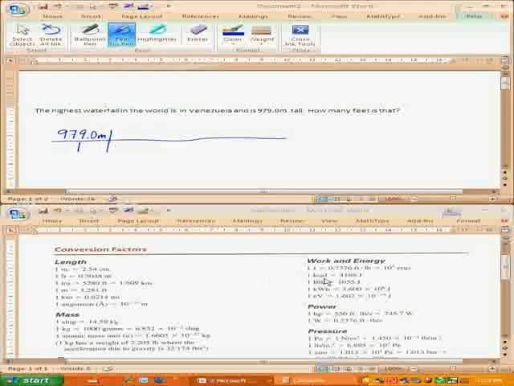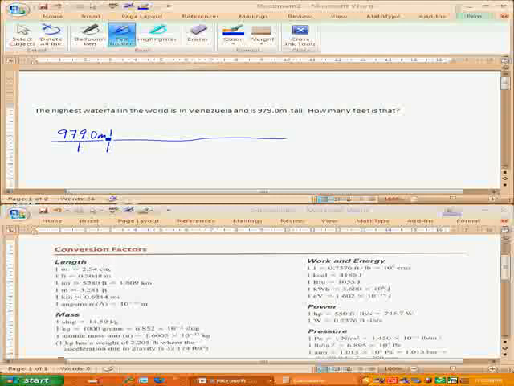So I'm going to look down at this, which is from your book. It's on the inside front cover. You'll notice that right here I can convert straight from meters to feet. So 1 meter is equal to 3.281 feet. I'm going to create a fraction with the meters and the feet.